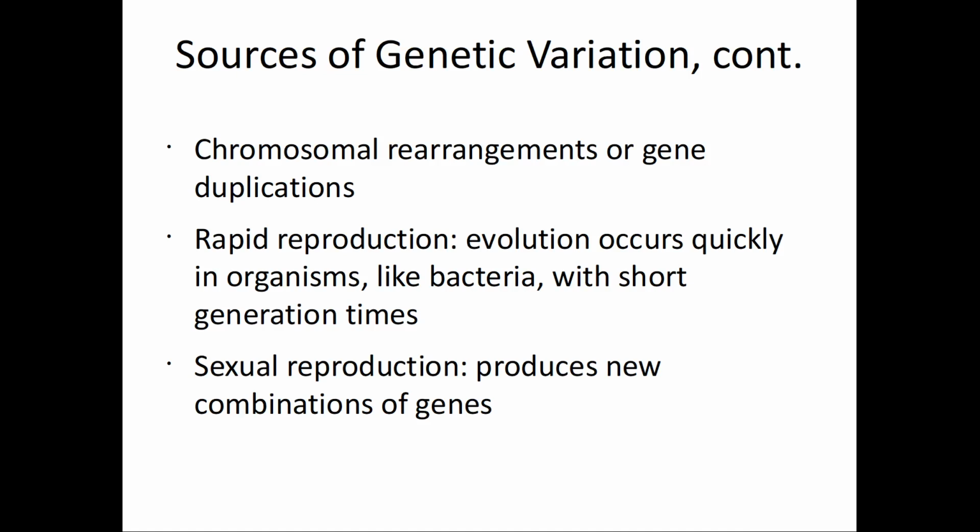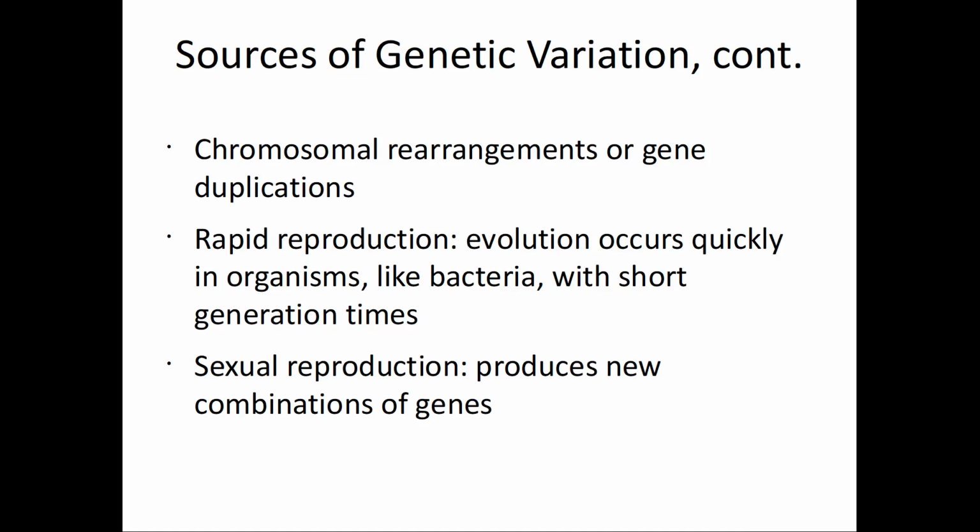Rapid reproduction. Evolution occurs quickly in organisms like bacteria with short generation times. So really, rapid reproduction isn't a source of genetic variation. It's more or less just hitting fast forward on the whole evolutionary timeline, right? You're getting genetic variation from poor copying of DNA during the cell cycle.